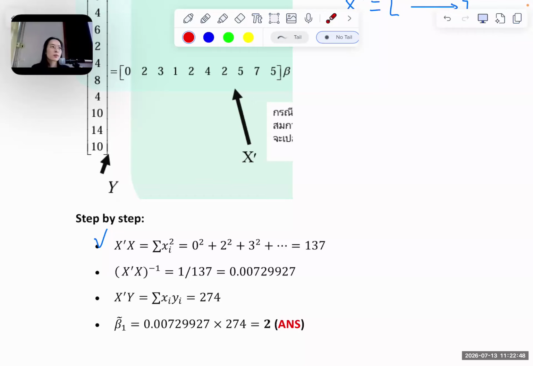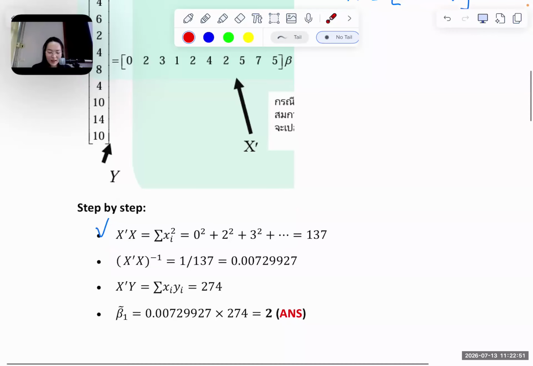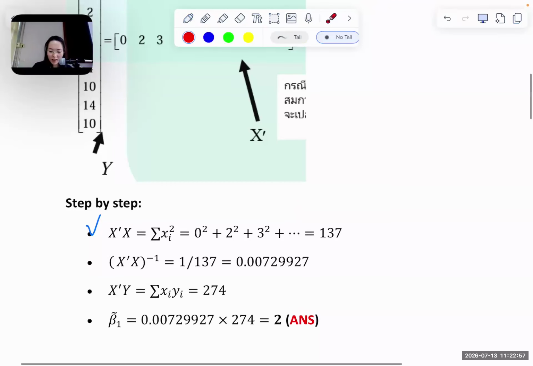What is reciprocal? I only know it in Chinese, 导数, the reciprocal. So you get 1 over 137, and then you get around 0.072. So next step, we've got X transpose X inverse.